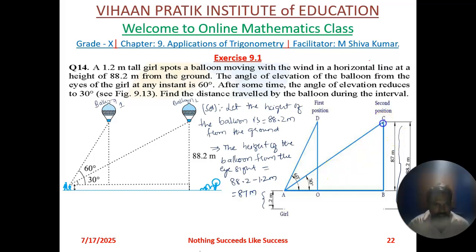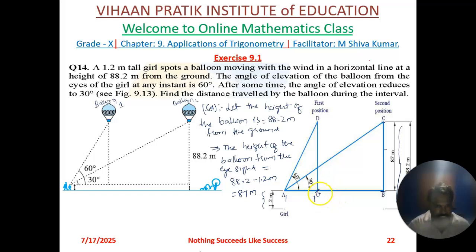Therefore, the height of the balloon from the point the girl is looking, through her eyes, is 87 meters. So we have subtracted the height of the girl. Now initially the balloon is at this distance.